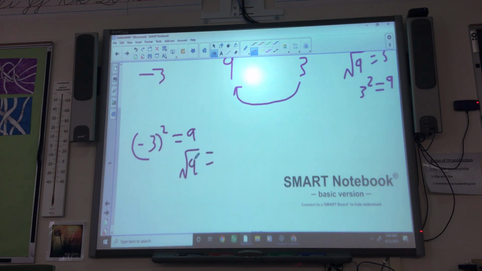Is the square root of 9 still 3? Yeah. So what about negative 3? Can I get the square root of 9 to be 3? Can I get that to be negative 3? I can? How do I do it? Ella?